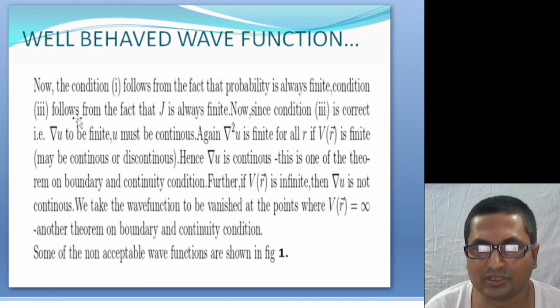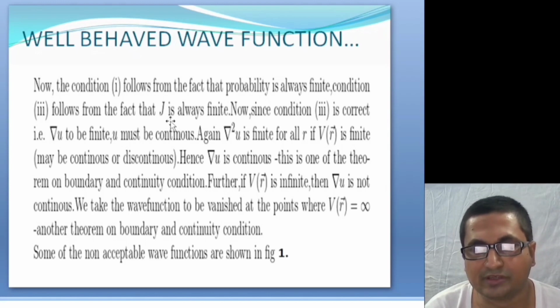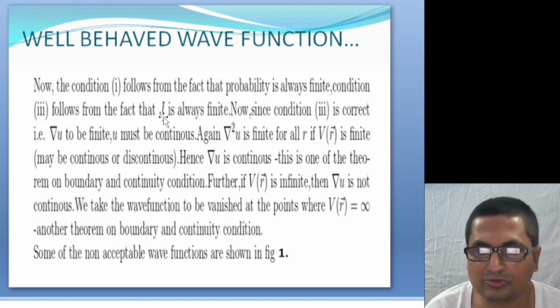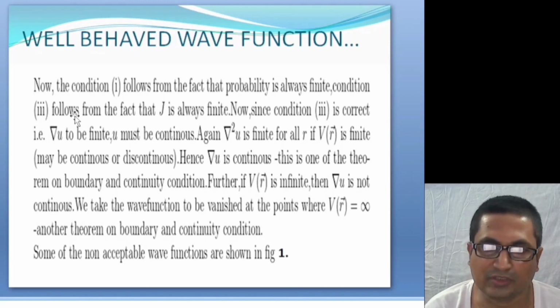Then condition 3 follows from the fact that the probability current density J is finite. We'll take care of J in coming videos. For the time being, let us think that J is related to ∇u, and since J is finite, definitely ∇u will be finite, and thus condition 3 is correct.